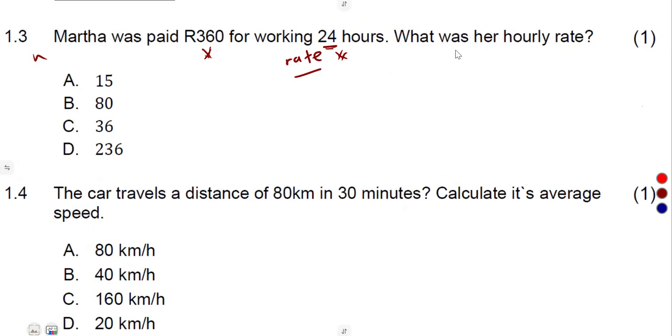What was her hourly rate? That is exactly what you were asked there. Hourly rate. So remember that rate is equal to quantity A over quantity B. So to have an hourly rate, we need to know what Martha is going to obtain or get per hour, per each and every hour.